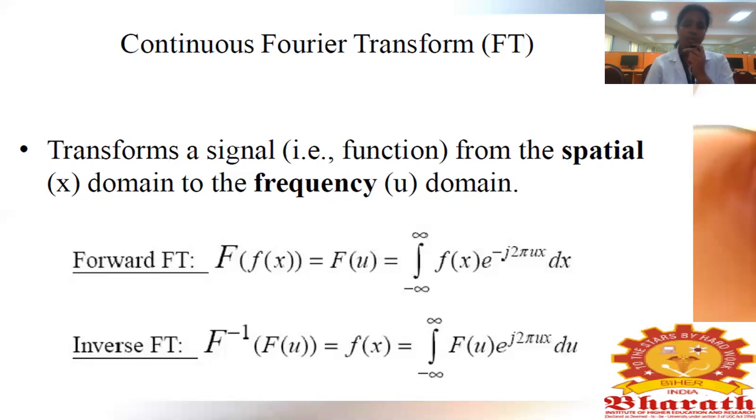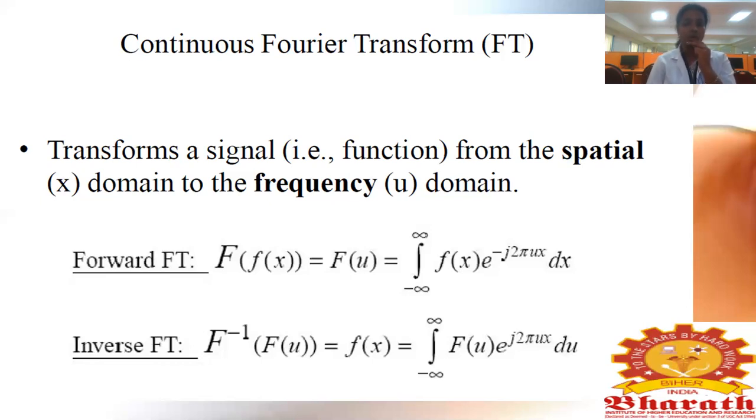The other case is to make use of two variables, x and y, and similarly in the frequency domain you go for u and v. When you use two variables like x and y, which refer to spatial coordinates, and u comma v, which refer to frequency, you call that the two-dimensional Fourier transform.